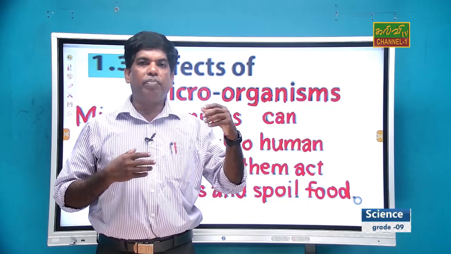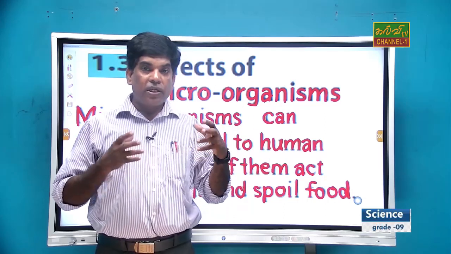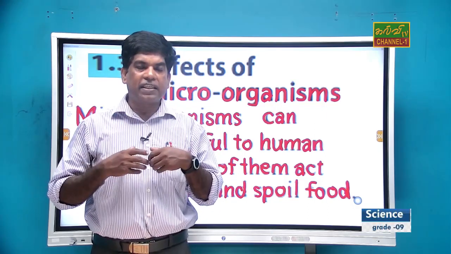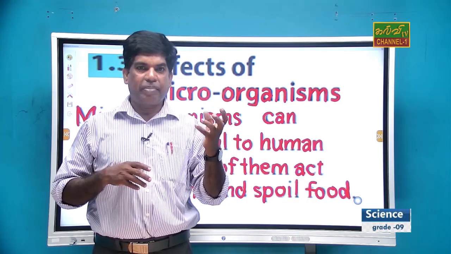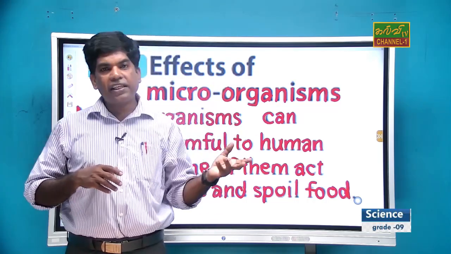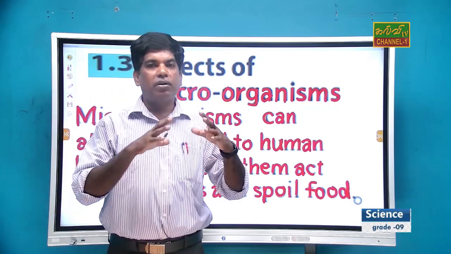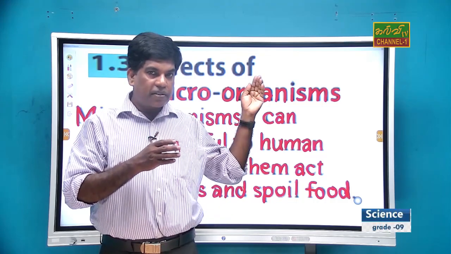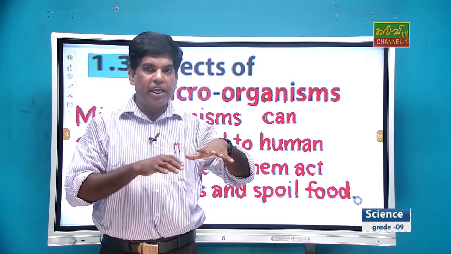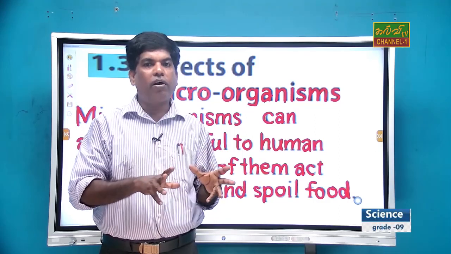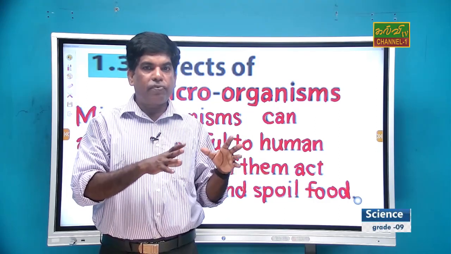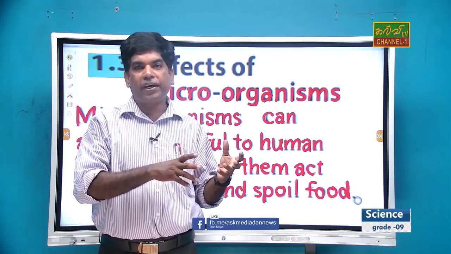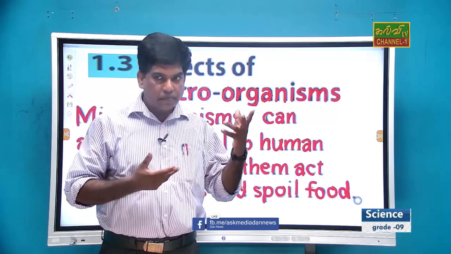Tetanus is caused by a kind of bacteria. Therefore, these microorganisms can cause diseases, so we call them pathogens, right? Another disadvantage is that when we keep a qualified food, sometimes these microorganisms contaminate the food and spoil it. That means the food is unable to be consumed by humans. The quality of the food can be affected by the microorganisms.